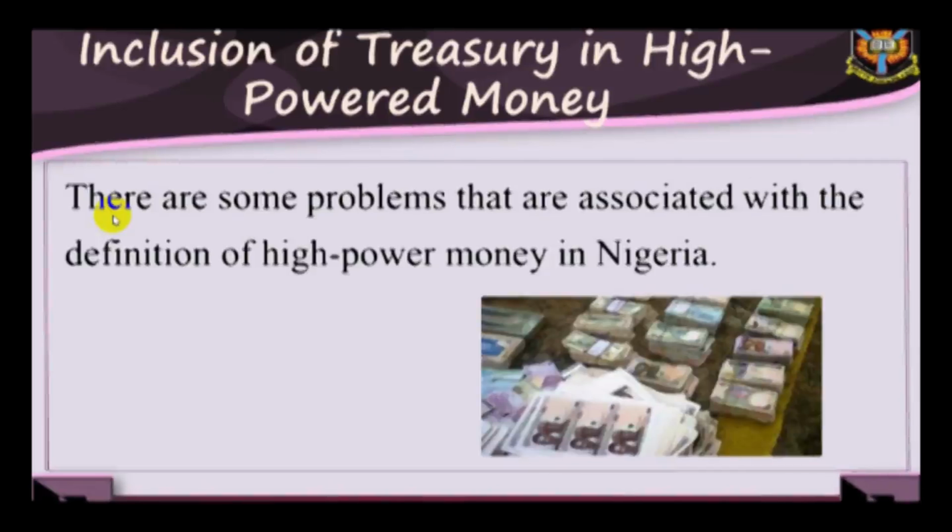Equation 13a shows that the money supply is influenced by the currency deposit ratio, reserve deposit ratio, as well as the high powered money.